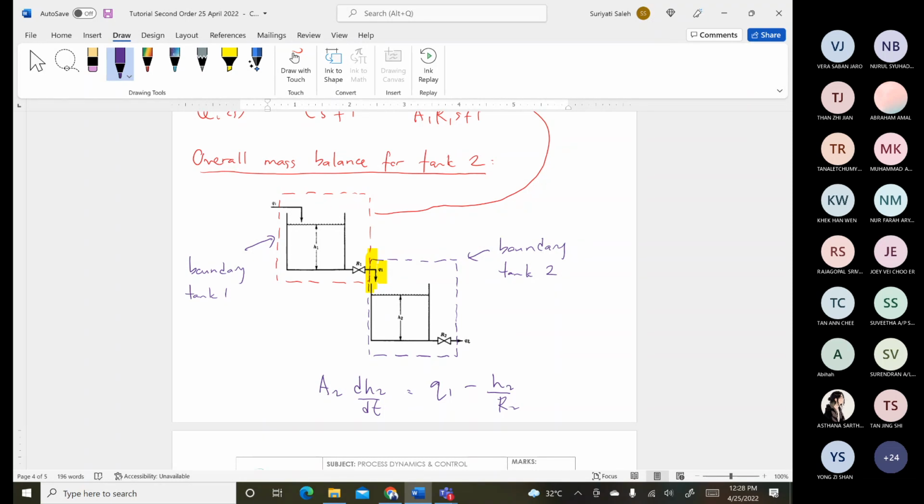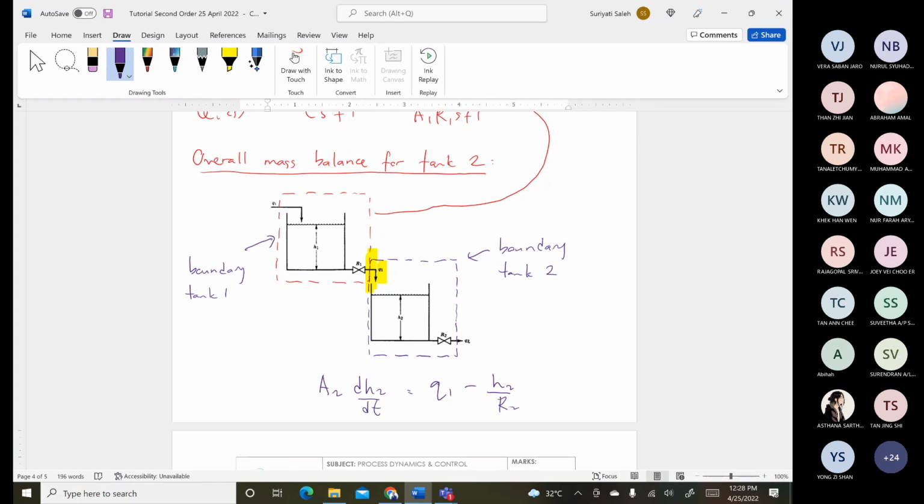We didn't substitute Q1 because in this case the boundary does not cover the previous part. So this is the thing that you need to be very clear about.